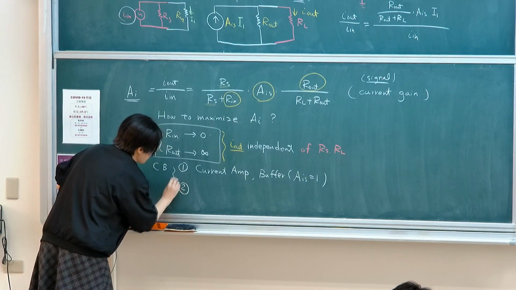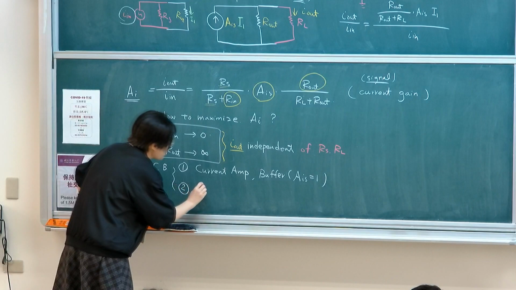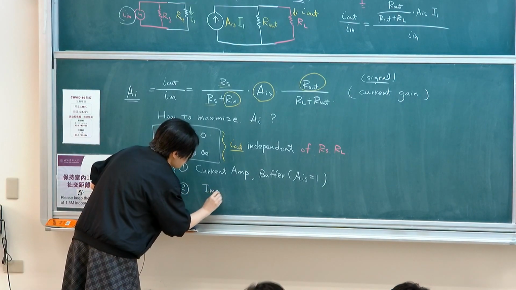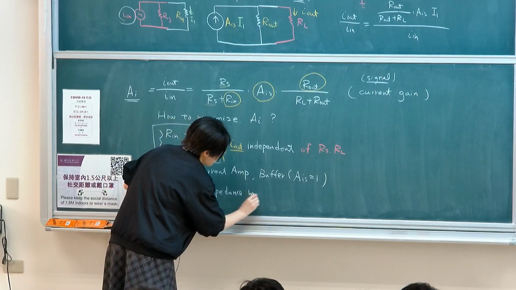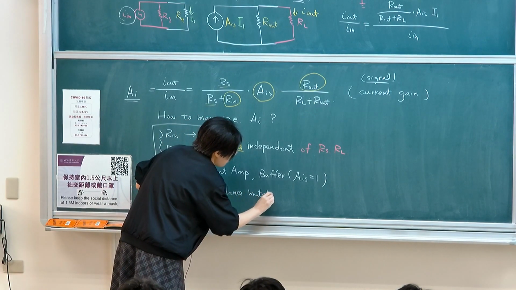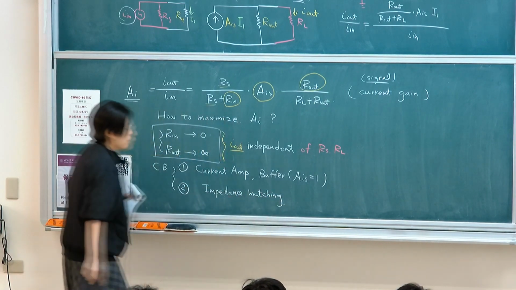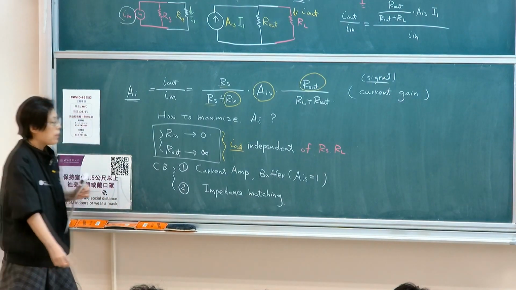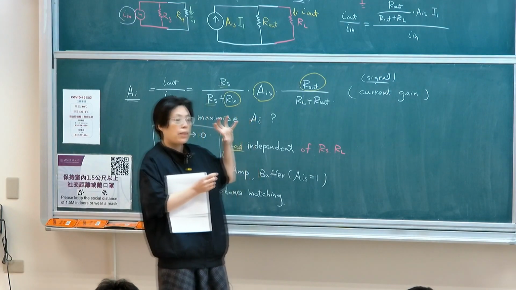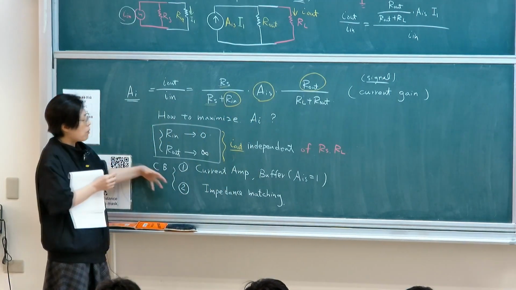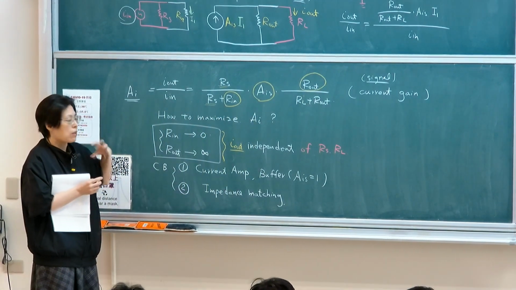The second application of a common base is what we call impedance matching. This is very, very commonly used in RF circuits, where you want to make sure that whatever signal comes in from the antenna matches the input stage, the input resistance.